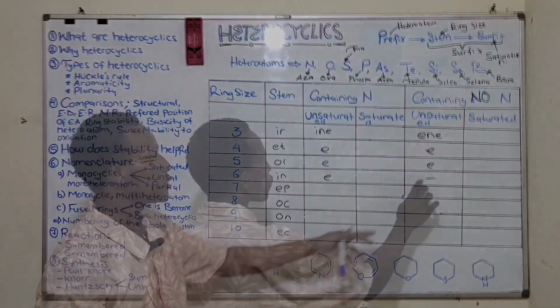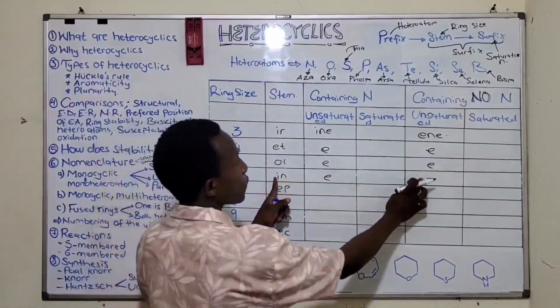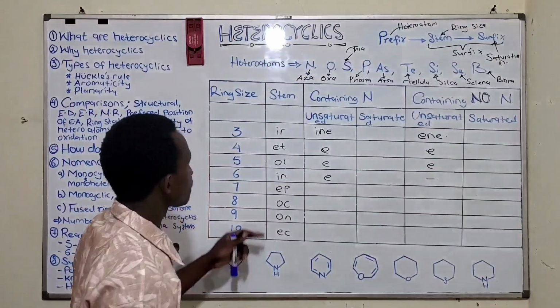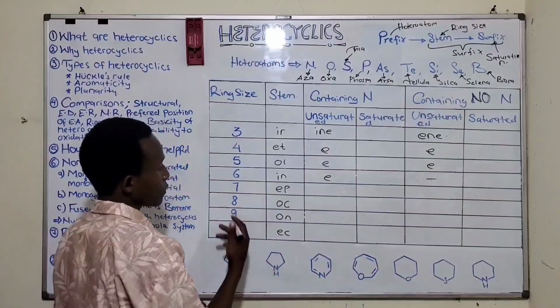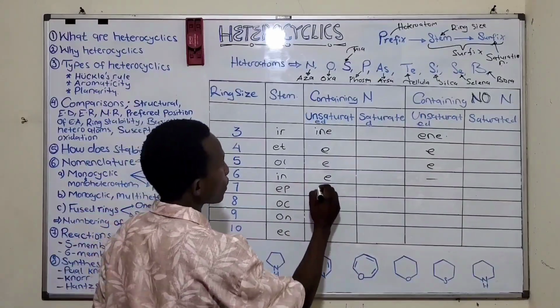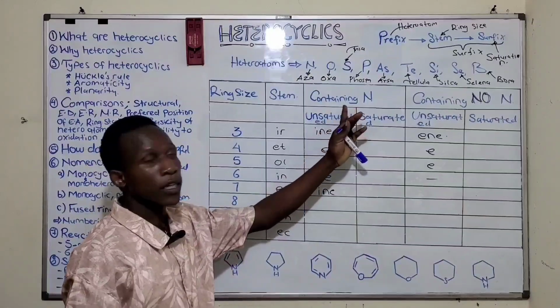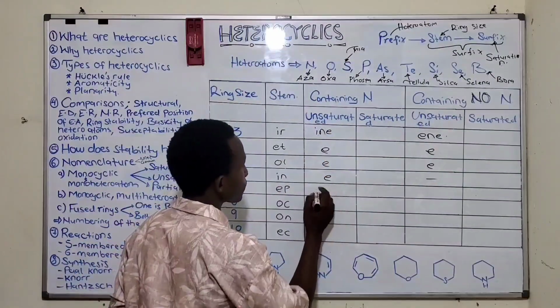It will be ending with ine, just for the unsaturated, has no nitrogen. Then from 7 up to 10, we shall have the one containing nitrogen as heteroatom. Just add ine.